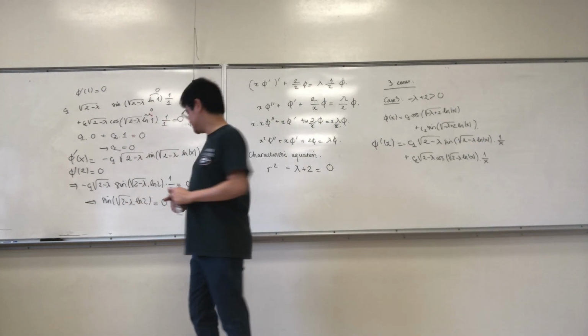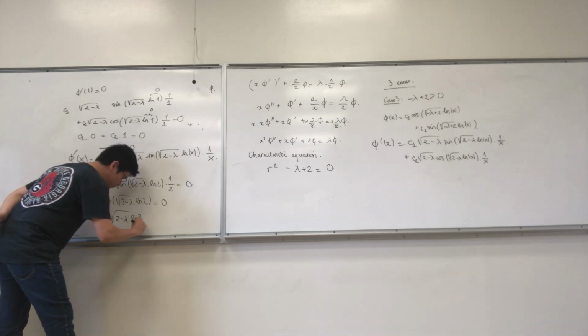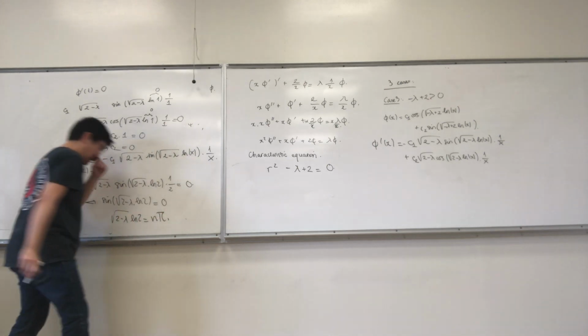So here you're going to have square root of 2 minus lambda times log 2 will be n pi. All right?